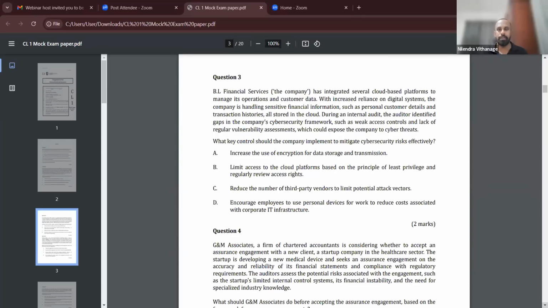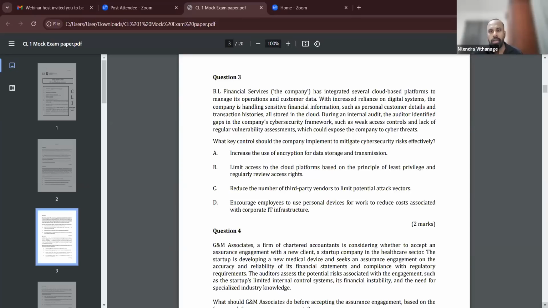ERP, enterprise resource planning. With increased reliance on digital systems, the company is handling sensitive financial information such as personal customer details and transaction histories, all stored in the cloud. So very sensitive customer data is stored in the cloud.